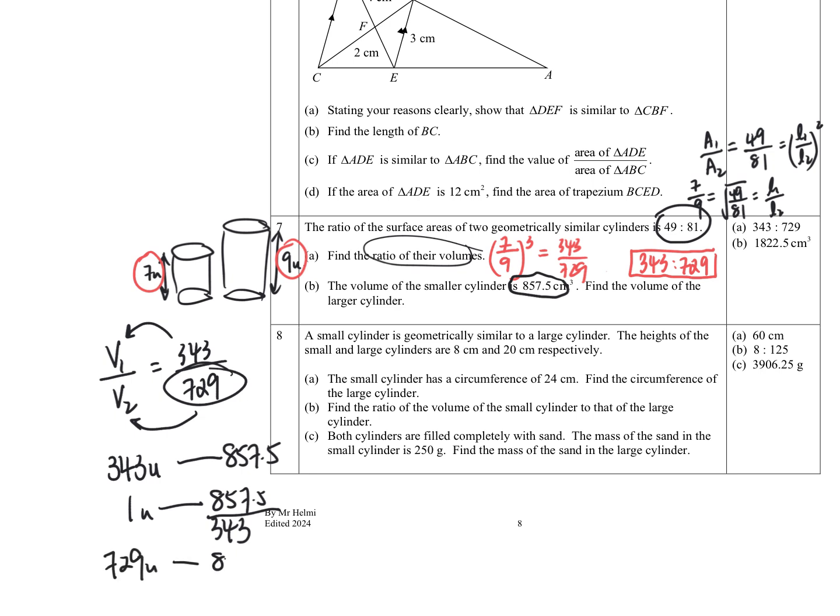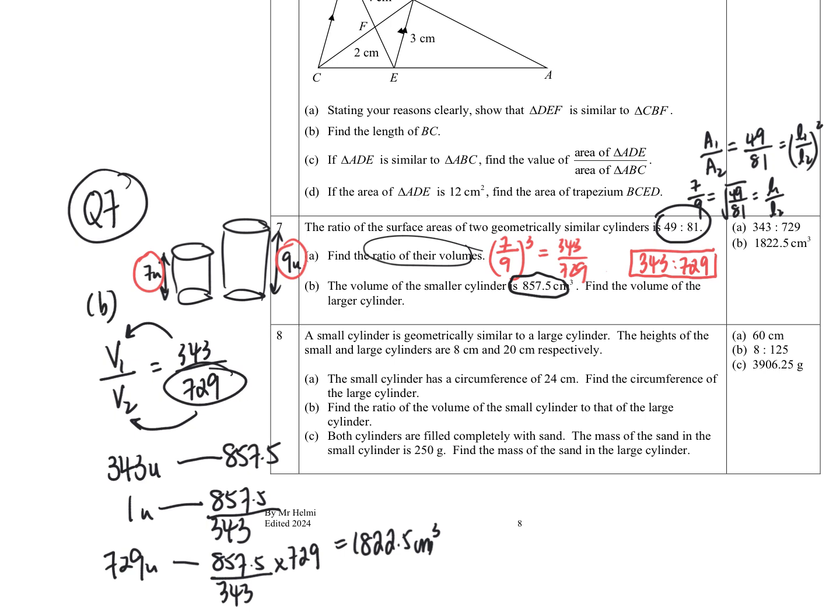You just times 729 and you are done. Okay, so according to the answer scheme, this should be the answer you get. This is for question 7, part B. So when to cube the ratio, when to square the ratio, depends on whether they want area or volume.